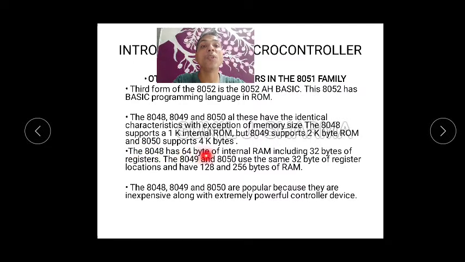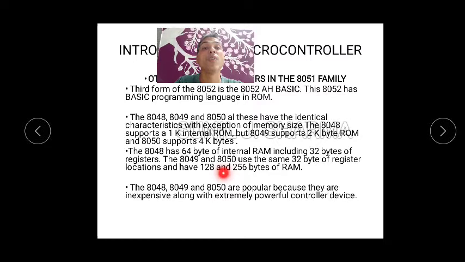The 8048 has 64 bytes of internal RAM including 32 bytes of registers. The 8049 and 8050 use the same 32 byte register locations to have 128 and 256 bytes of RAM.